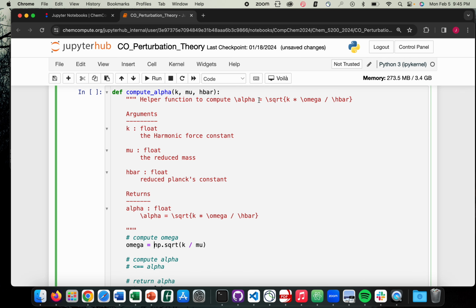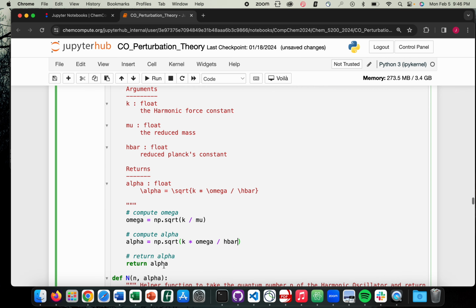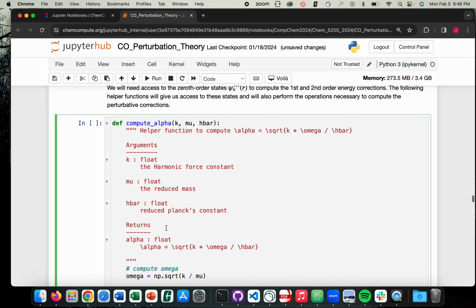So I'll say omega is equal to square root of k over mu. And then alpha itself is going to be equal to square root of k times omega divided by h bar. And then I'm just going to return alpha. Actually, it's already returned. Okay.